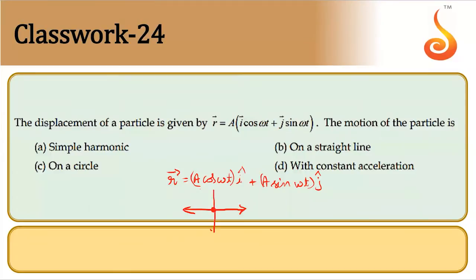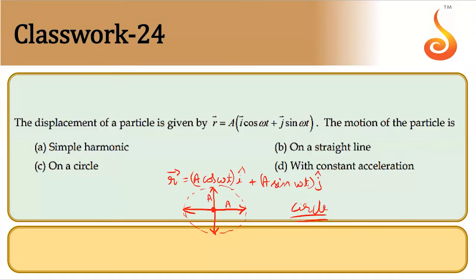A sin omega t into j cap makes it vibrate along the y axis. So this is superposition of two simple harmonic motions. So what happens? In general, it will trace an ellipse. So this amplitude is A, this is also A. So both the amplitudes are equal. That's why it will trace a circle.